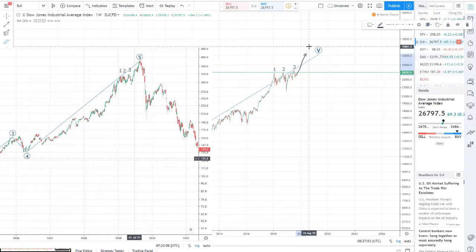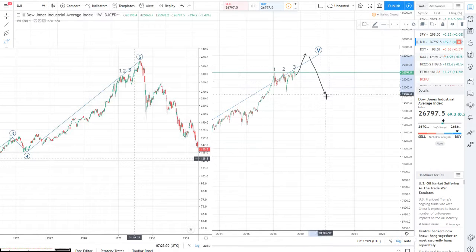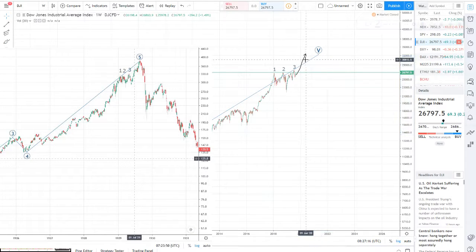I wouldn't say too much further, perhaps 35,000. And after that, you can see there is a very strong correction, so it would have to go down here. That's basically if the pattern repeats itself. And I think that's just quite interesting with these 3 peaks here.